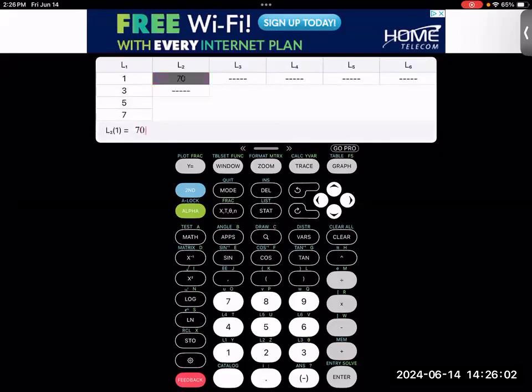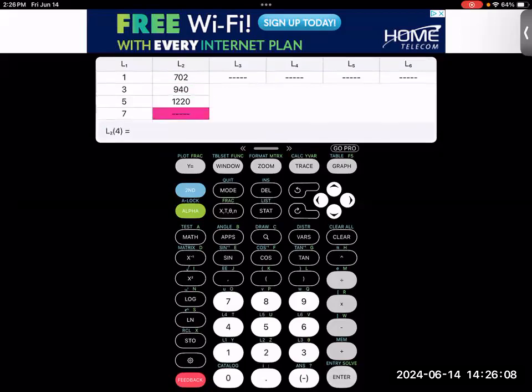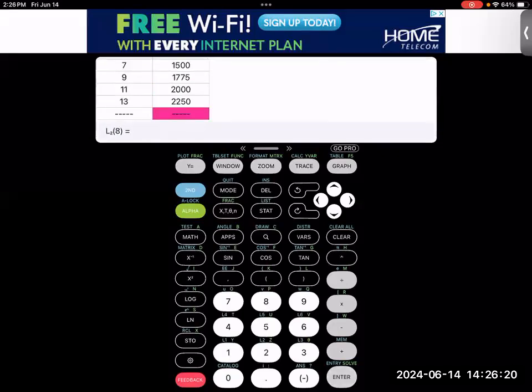And we have 702, 940, 1220. All right, so here we have all of our list 1 and 2 values. Again, double check real quick that everything looks correct.